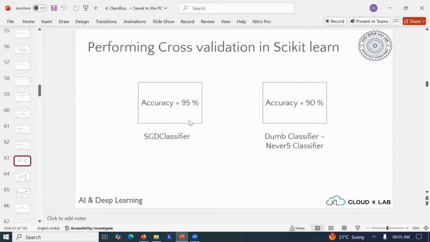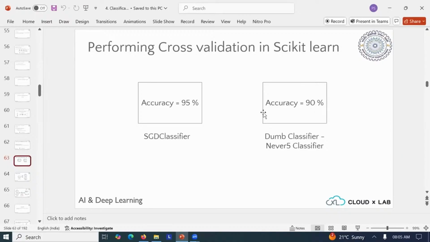So we also saw that if we use the SGD classifier to classify the 5 versus not 5 category, we got 95% accuracy, right? But even if we use a dumb classifier that always predicts the not 5 class, in that case we were getting 90% accuracy, and 90% is again a very high number, right?